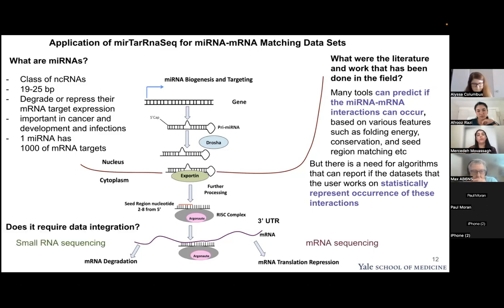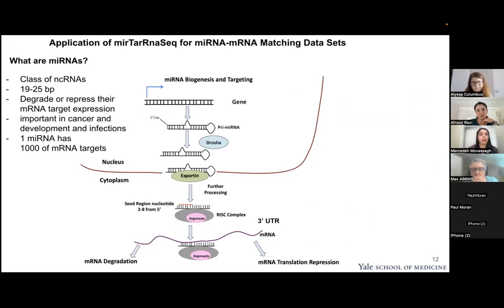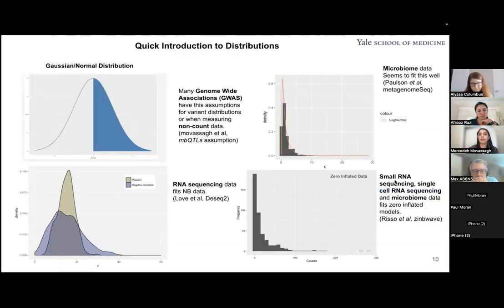And so for this, you're incorporating two types of data, matching mRNA sequencing and small RNA sequencing data sets. One thing I forgot to tell you, and I'll quickly go back to this, I'm sure you're aware, but these are models for count data. This one can work with non-count data.